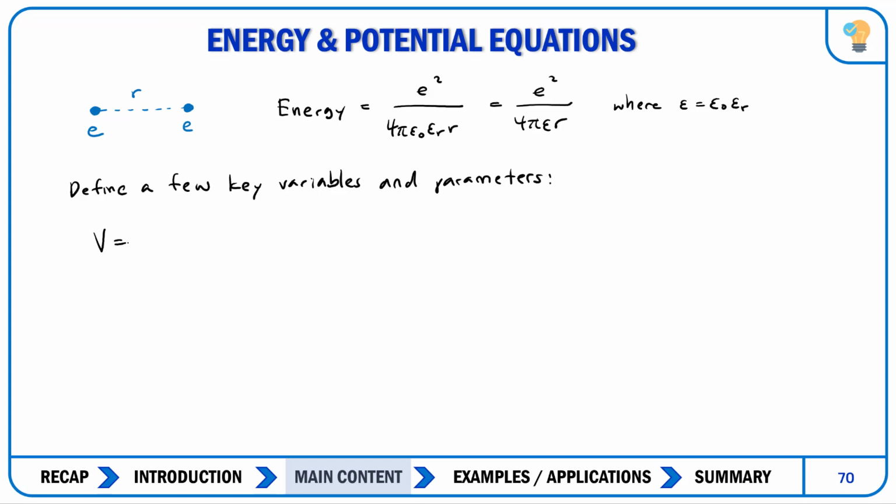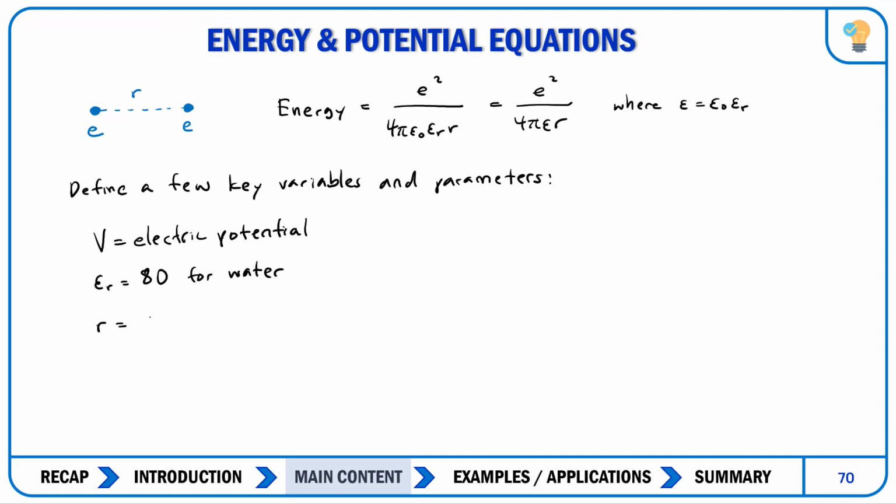We have V being equal to the electric potential. We have epsilon r being equal to 80 for water, so that's the dielectric constant.